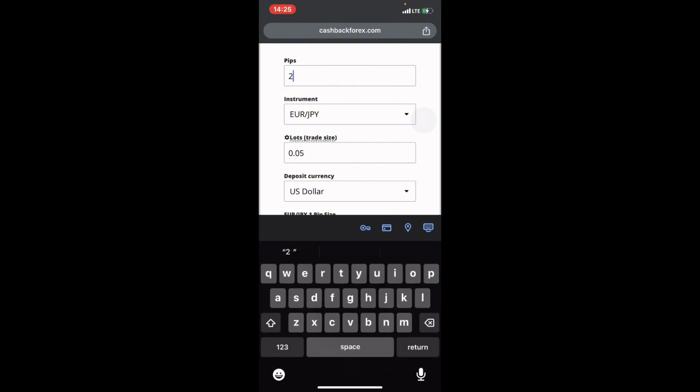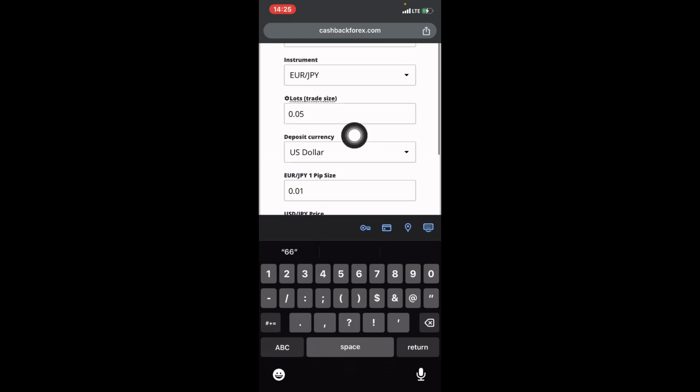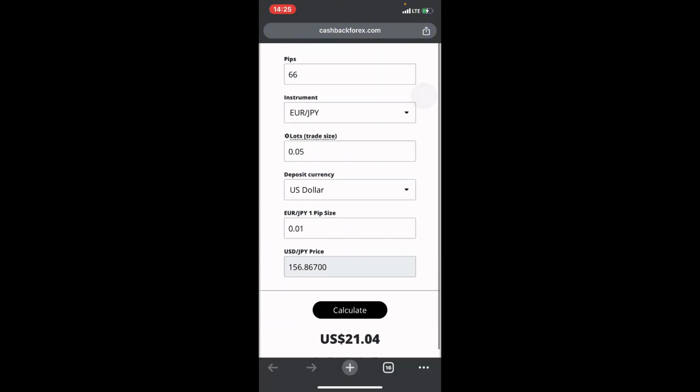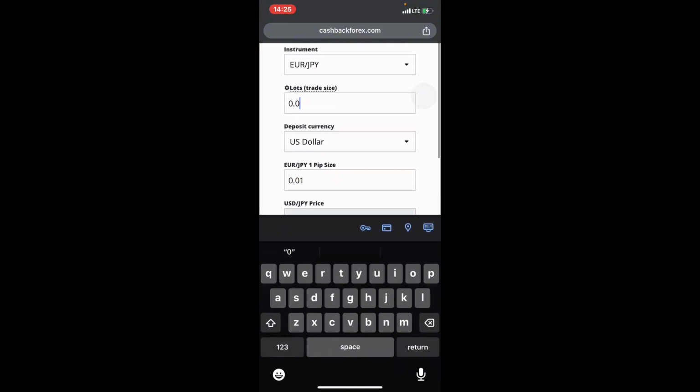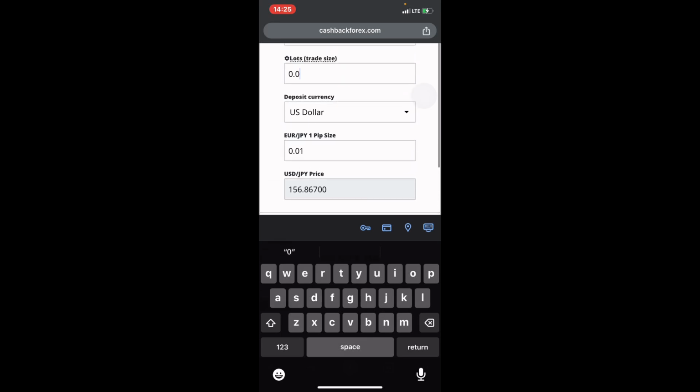So let's say now, as I showed you guys in the video, I'm risking about 66 pips, and using this lot size 0.05, you can see it's $21. It's above my own equity, that's my overall balance.